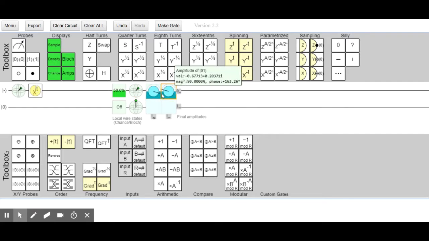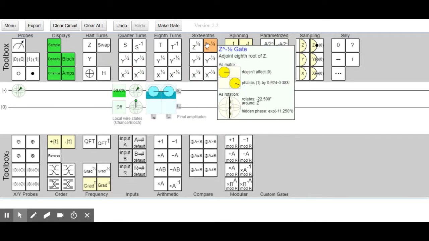But I think I know. It's the fact that the relative phase never changes. It's always 180 degrees. That's the point.